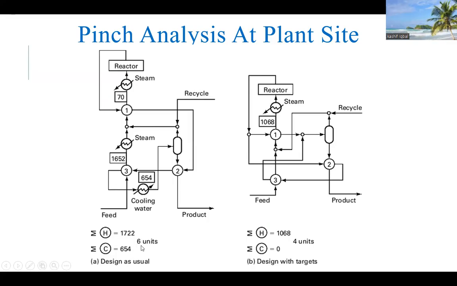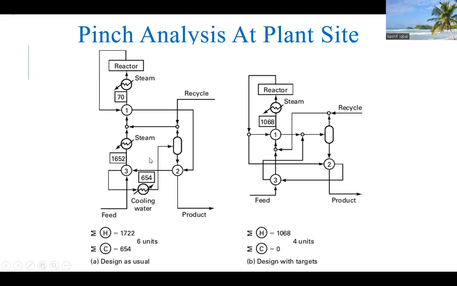A total of 6 units are employed in which heat is transferred from one stream to another stream. We can see that there are 3 stream to stream heat exchangers, 1, 2, and 3, and 3 other exchangers are also applied in this system.